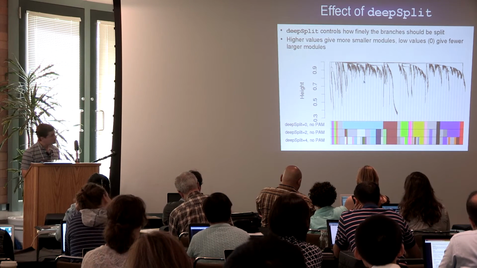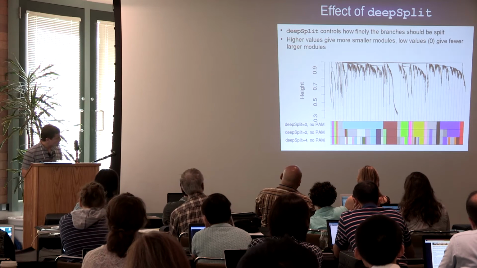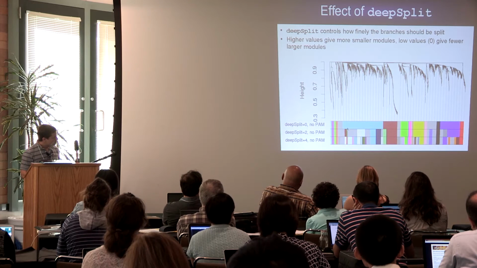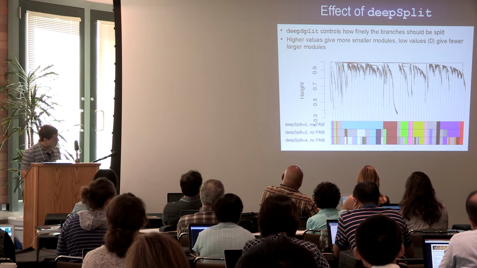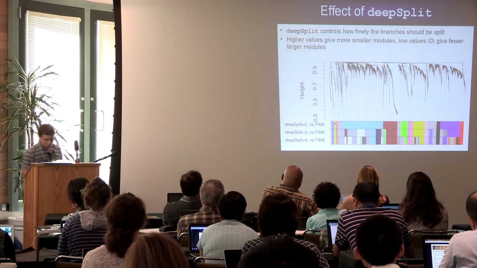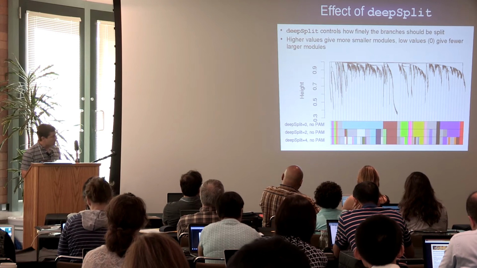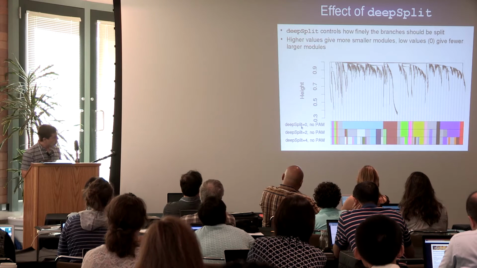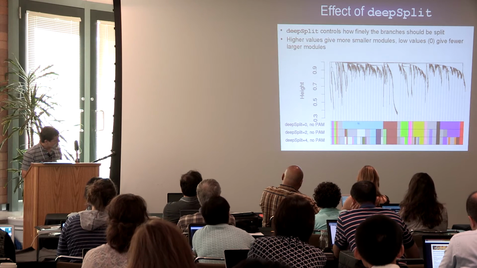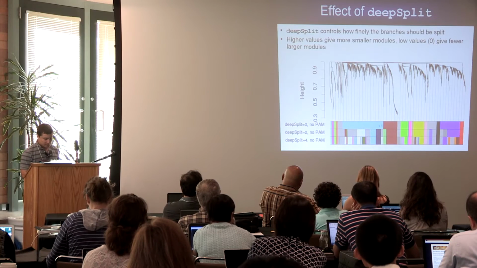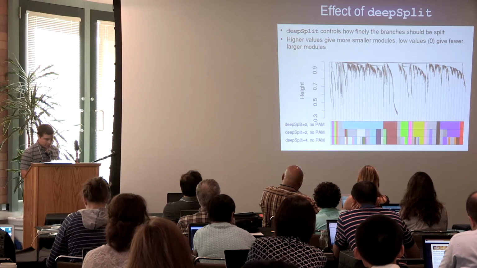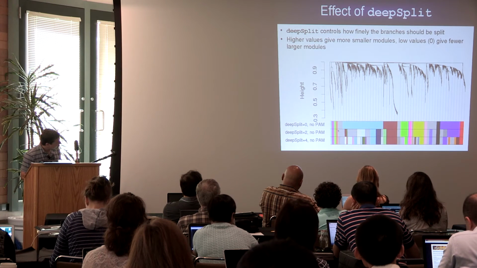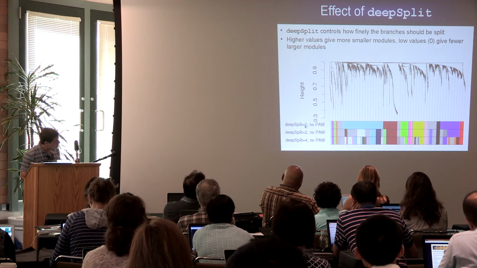This is real data. It's about 3,000 genes, if I remember correctly, from a mouse liver application. So if you start with no PAM, the more outlying objects are not assigned, and at deepSplit 0, the function produces just a few relatively big clusters. Although if a branch, like these small branches here, is really distinct, it becomes its own cluster even at deepSplit 0.